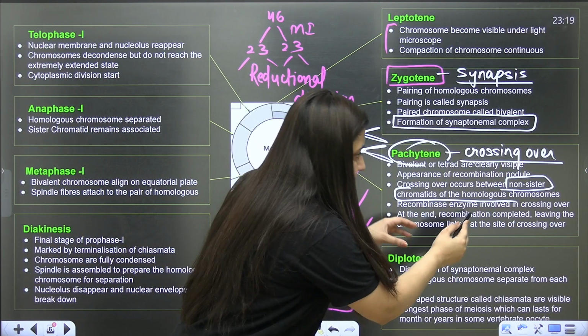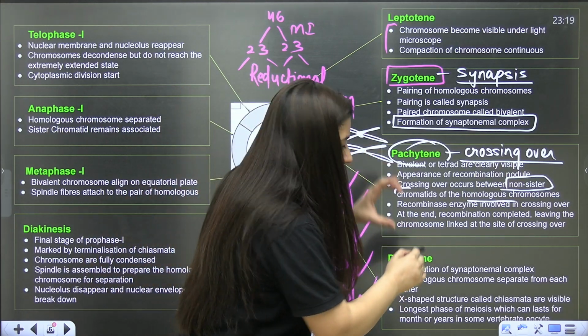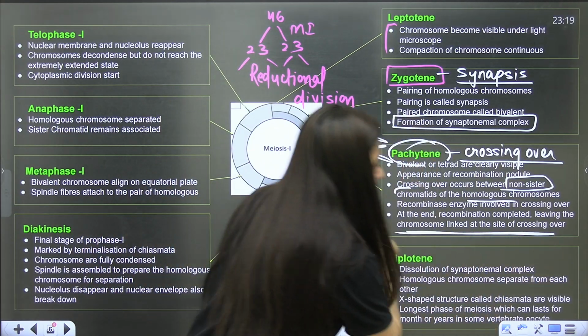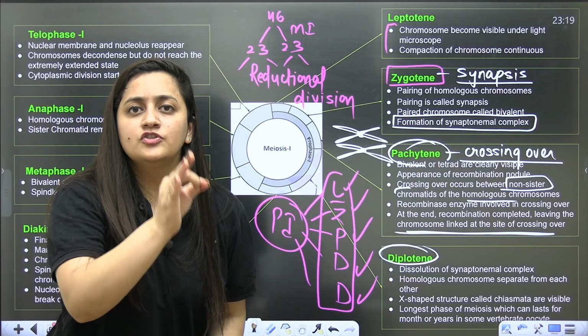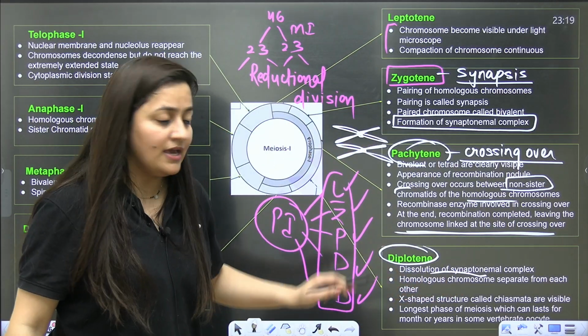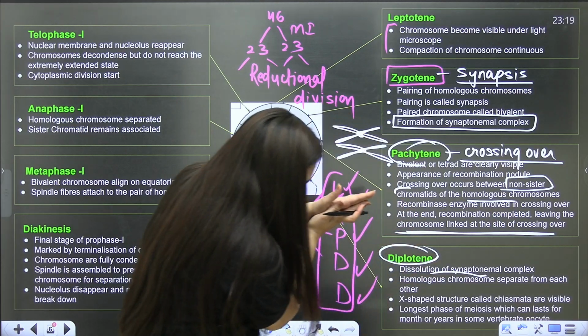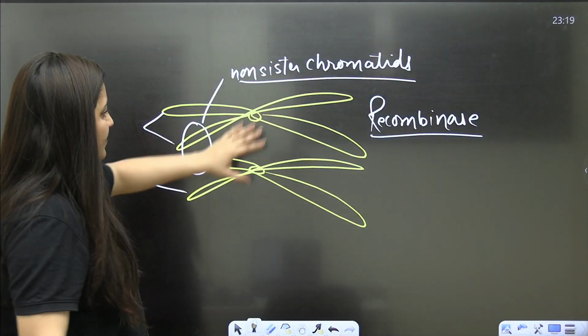After that, right at the end, recombination will be completed. Where recombination has occurred, that is the site of crossing over. Now move to the diplotene. Remember, dissolution of the synaptonemal complex will occur in the diplotene. The homologous chromosomes will separate from each other.